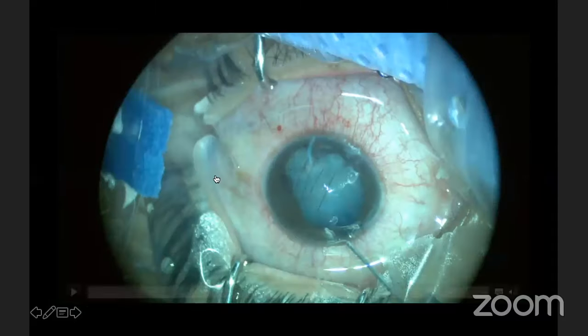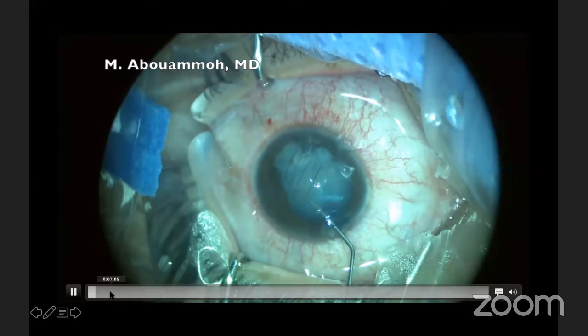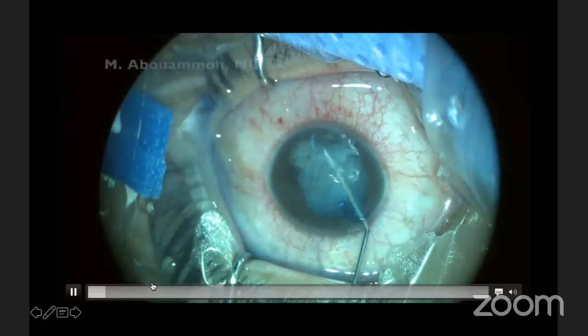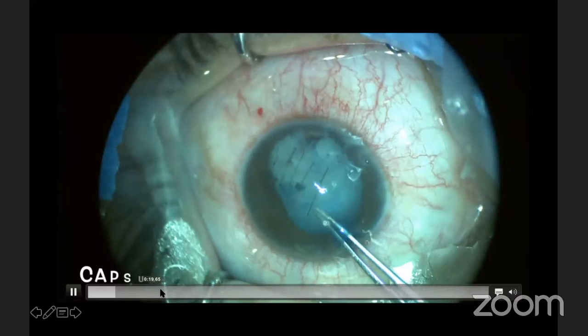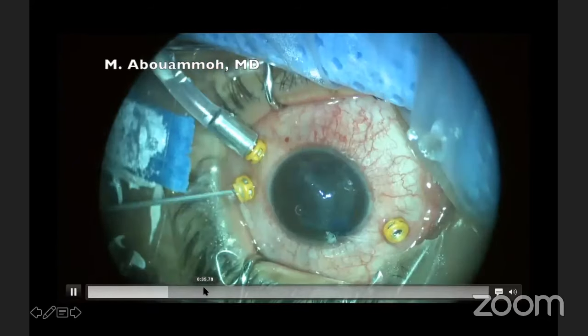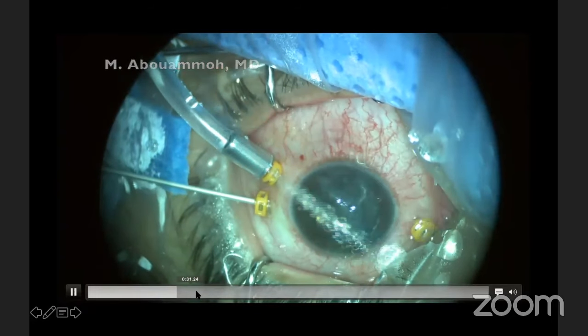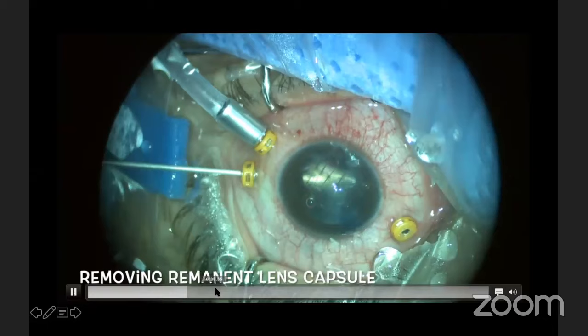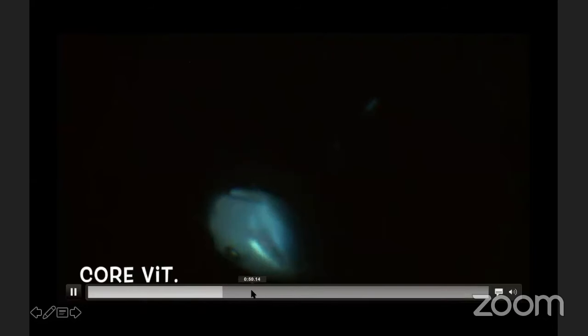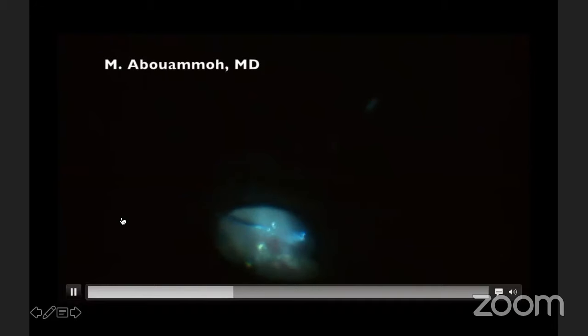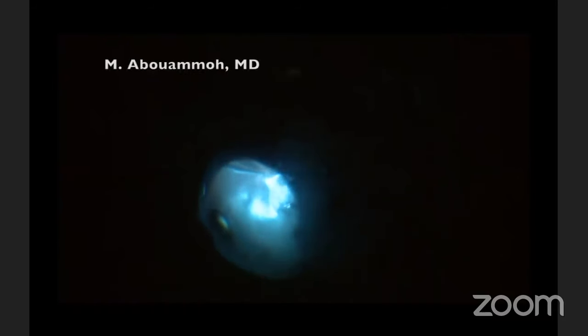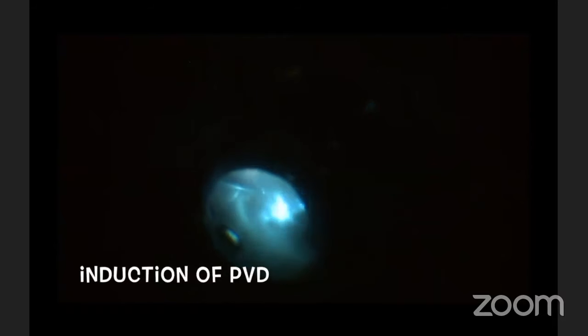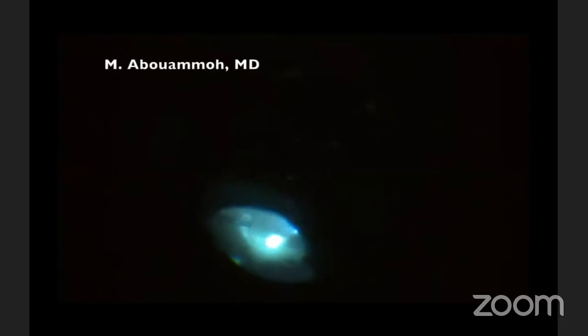Another case. This is another case. Traumatic cataract. You can see the large corneal wound. So we had to remove the cataract first. I'll skip through this. Then we remove the remnant of the capsule in order to reduce the risk of PVR. Here you can see the vitrectomy. You can notice the foreign body encapsulated. Of course, we had to remove the posterior vitreous using the triamcinolone.